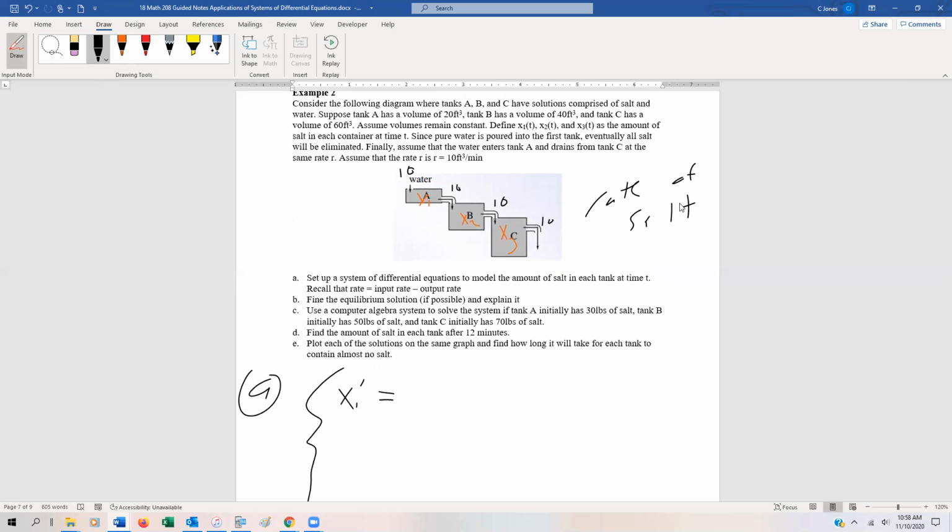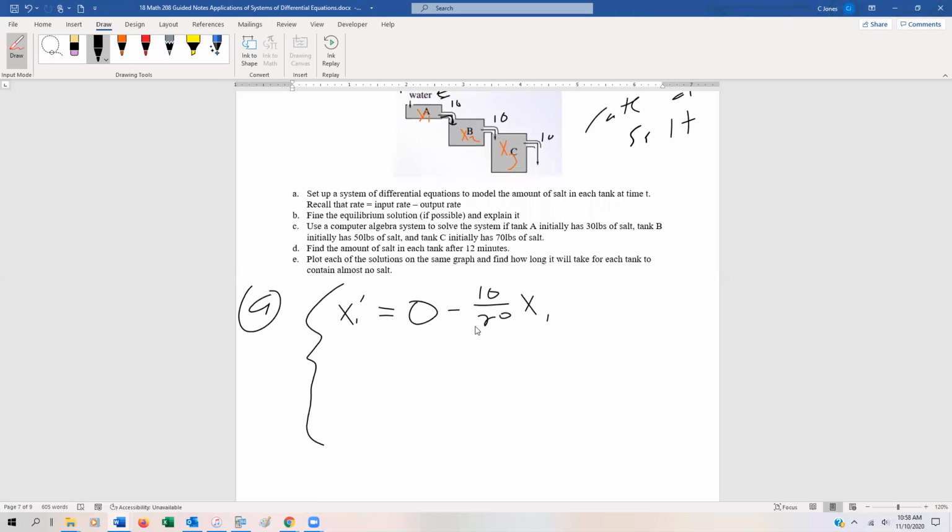All right, now this is pure water, so it has 0 salt in it, so that's 0 minus, now it says initially we have a volume of 20 cubic feet, and the rate is going to be 10 cubic feet per minute. So this is going to be 10 out of 20, and I'm just going to call that x1 because it's leaving at that rate.